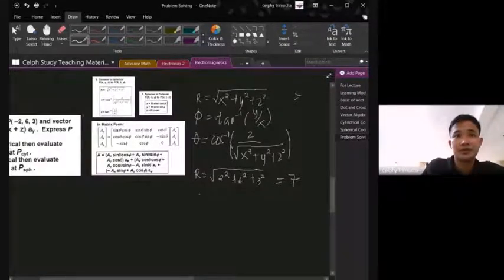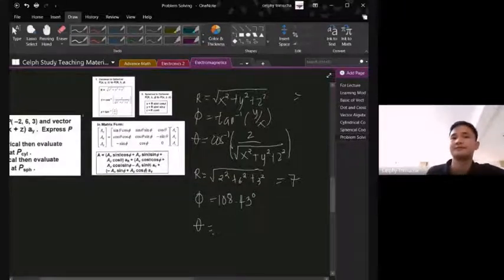Next, for your phi nga value, same lang man sa babaw nga ginsuma natin kagina. So this is equal to 108.43 nga value. Then ang ato na lang pangitaon is theta. This is equal to arc cosine of your z.